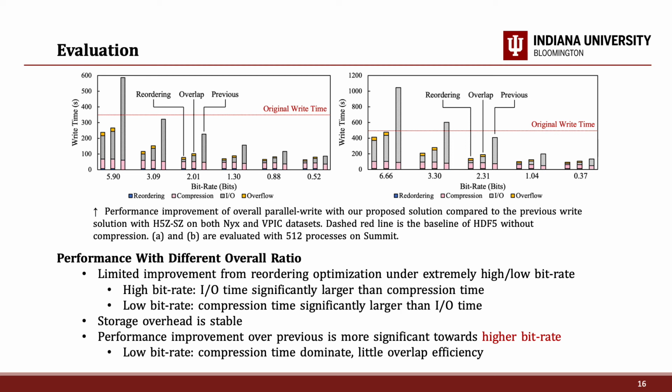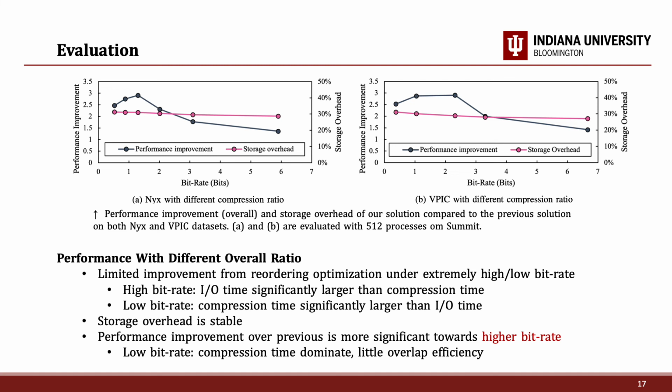And as mentioned before, in this case, the reordering optimization will not provide too much improvement. And the storage overhead is very stable across different overall ratios. And we also find that the performance improvement over previous is more significant towards higher bit rates. And this is because at the lower bit rate, the compression time actually dominates the overall write time, with very little overlap efficiency.